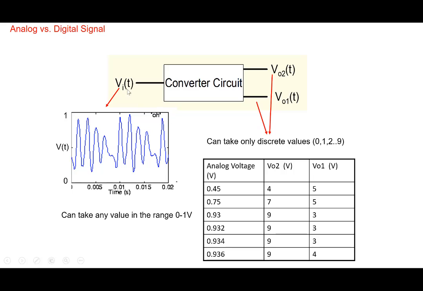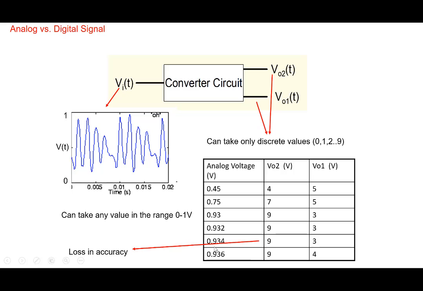So we are taking an analog signal, which is varying continuously, can take any value between 0 and 1. Note that it could be 0.934, 0.935, it could be anything. But we are converting it into a two-digit number here. Each digit is a decimal digit, can take any value between 0 and 9.